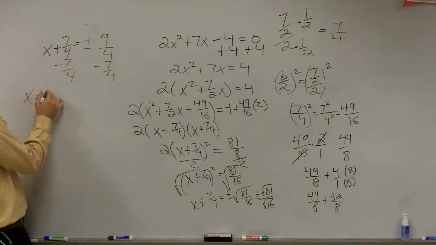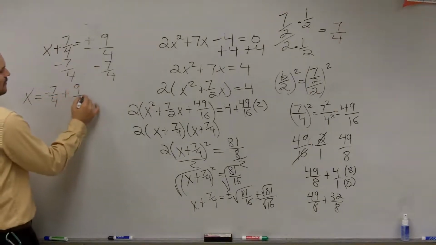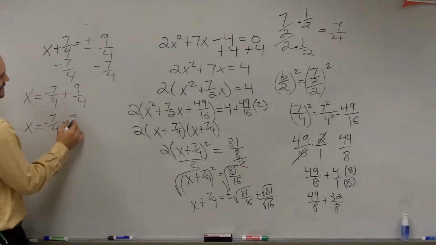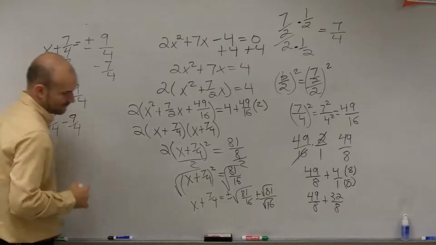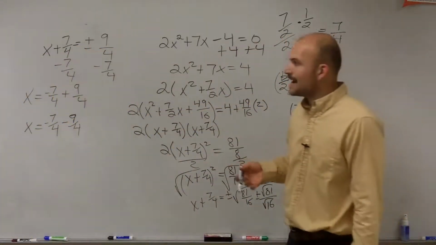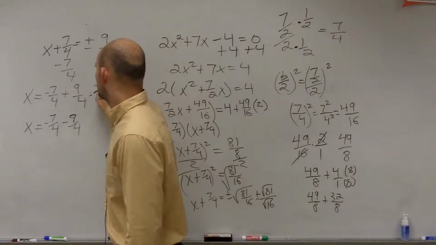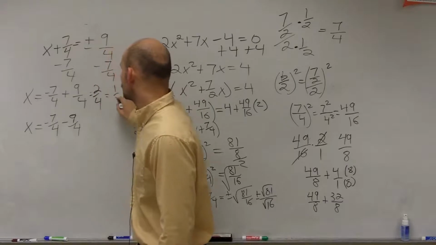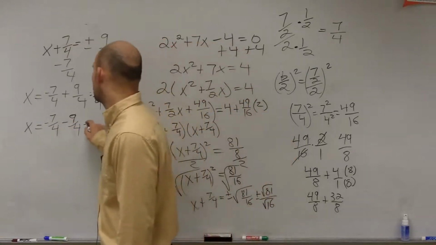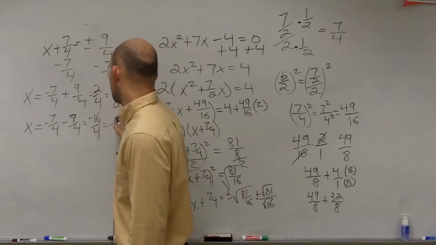I could write x equals negative 7/4 plus 9/4, and x equals negative 7/4 minus 9/4. Remember, when you introduce the square root, you have to include the positive and the negative. So negative 7 plus 9 is 2/4, which reduces down to 1/2. And negative 7 minus 9 is negative 16/4, which is equal to negative 4.